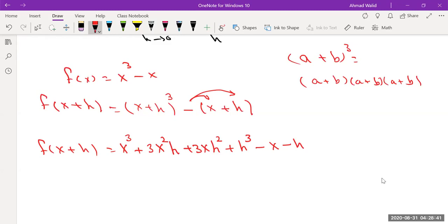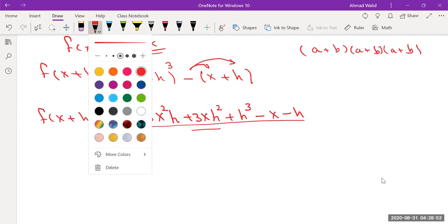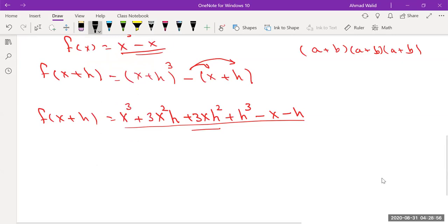Correct? That is f of x plus h. Now I have this one, I have this one, and I have this one, and I'll plug in both of them in my formula. That is the derivative formula, correct? Then I can say f prime x equals limit as h approaching 0.